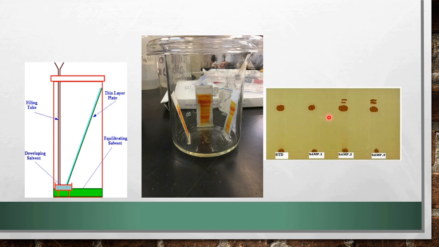Thin layer chromatography is more speedy and accurate than paper chromatography. Here, the separated compounds appear as more compact and discrete spots without overlapping. This is the advantage of thin layer chromatography.